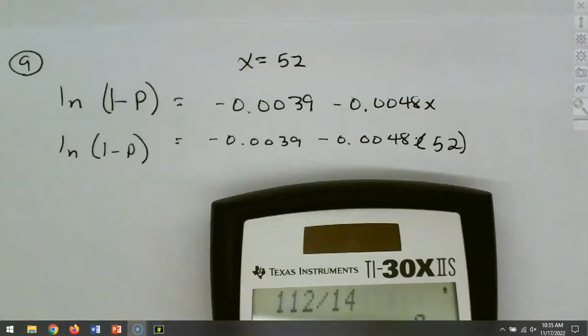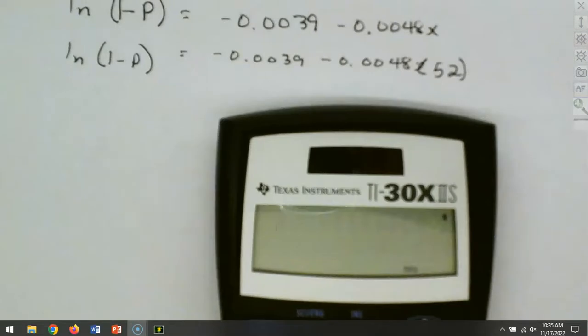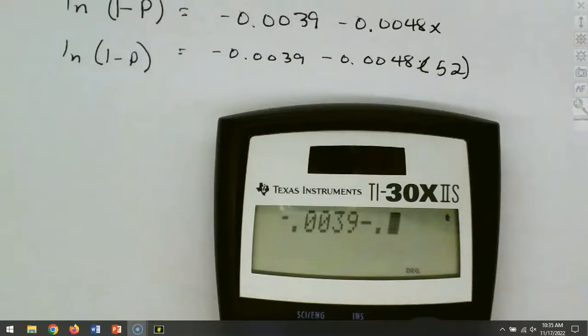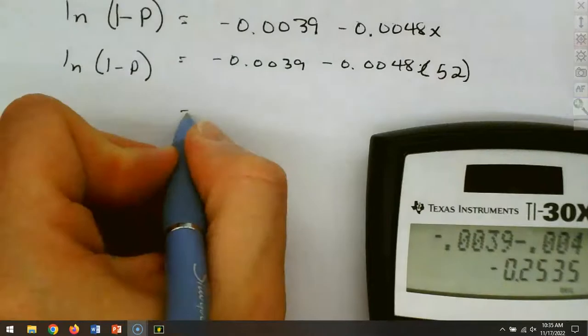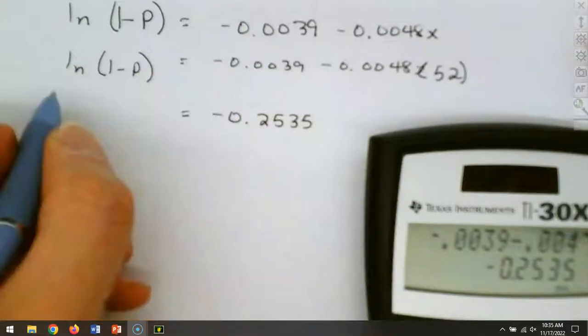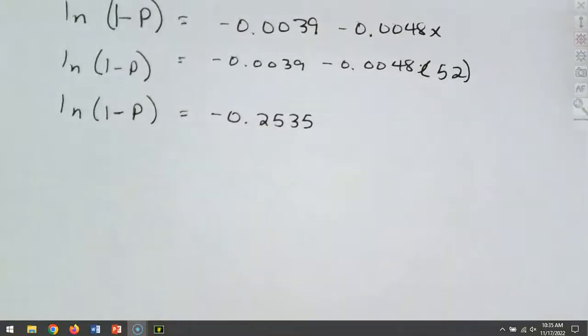So we've got negative 0.0039 minus 0.0048 times 52. That comes out to negative 0.2535. I put it all together, and that is on the right-hand side.